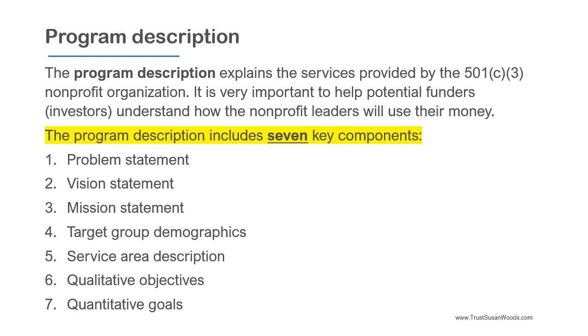And seven, quantitative goals. Your program description should include these seven key components to give the potential investors a clear understanding of what your nonprofit organization will provide in the community. Let's take a look at each one of the seven components.